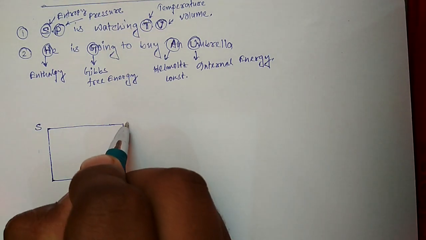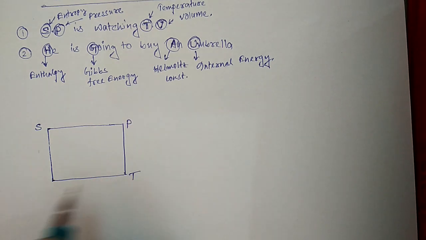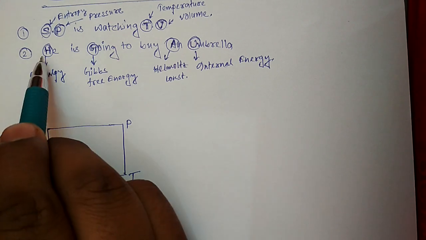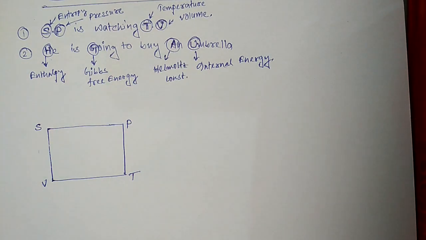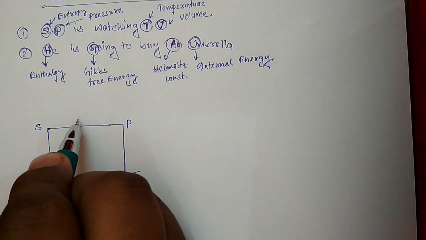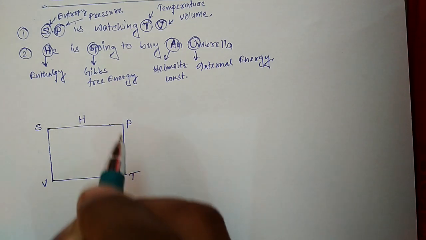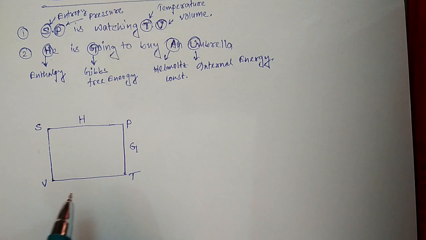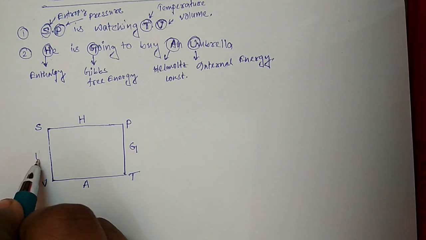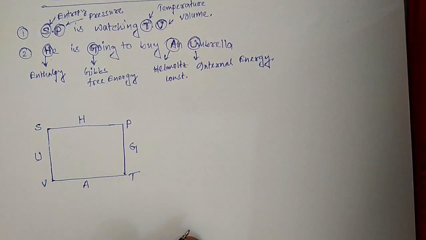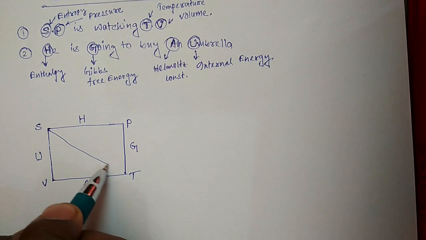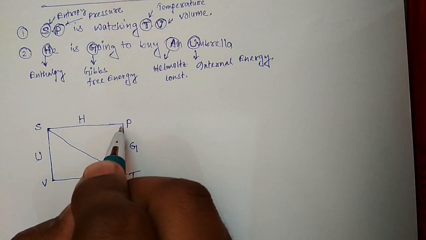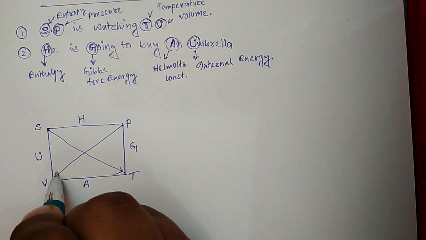That is S, P, T and V. And again, in the second sentence, there are also four thermodynamic properties, and we have to write them in clockwise direction as well. That is H, G, A and U. Now, you draw two arrows, one from S to T and another from P to V.